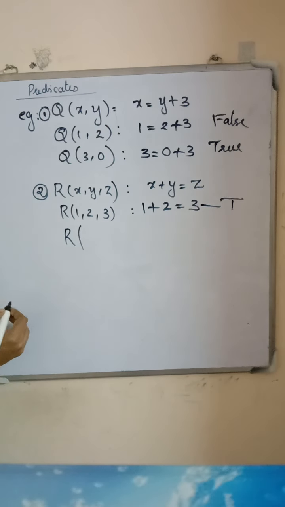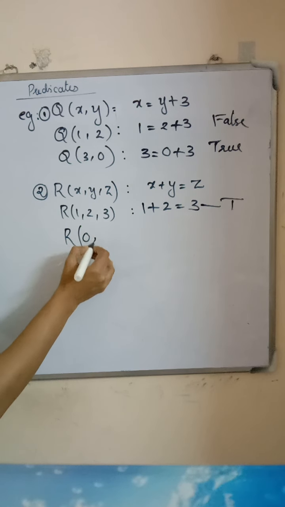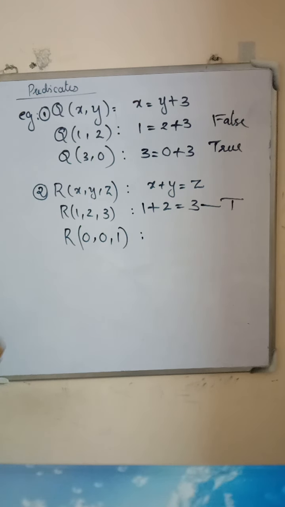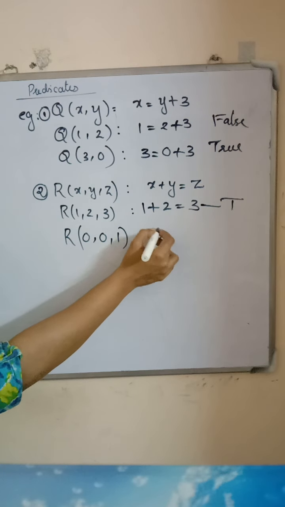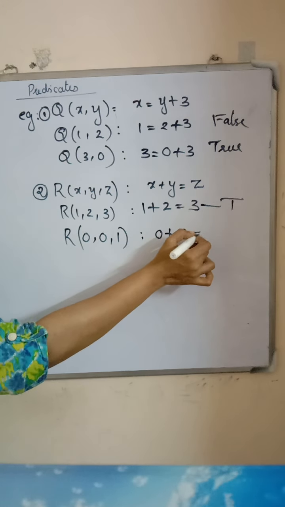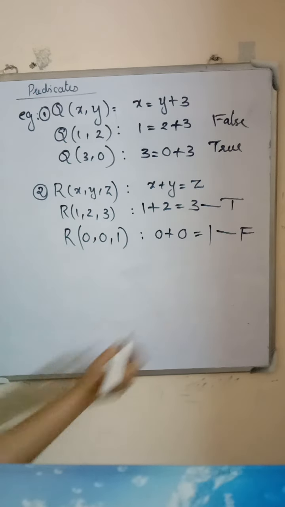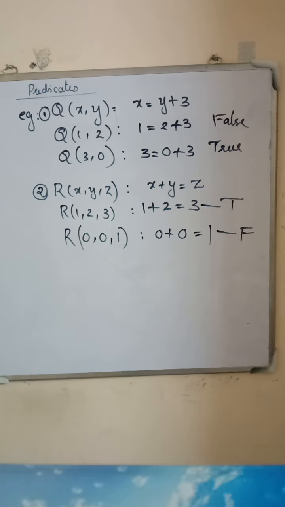R of 0, 0, 1 is 0 plus 0 equals 1. This statement is false. This propositional function is false.